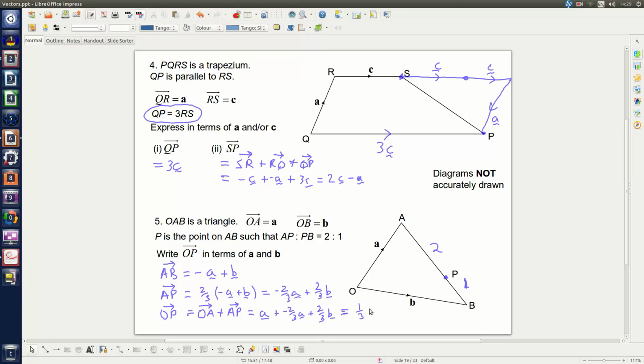They might factorise the third out, I probably would, so if I did factorise the third out I would have 1/3 (A plus 2B). And we're done, and it's a nice tidy answer.